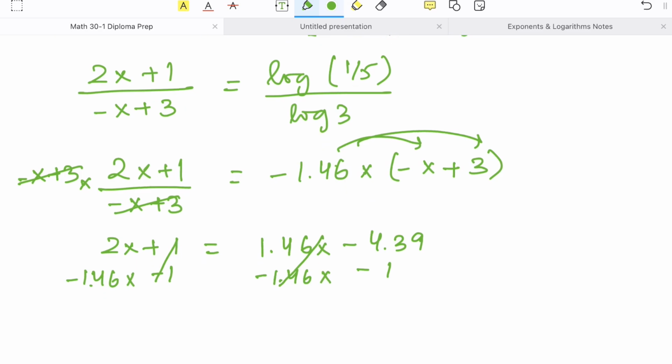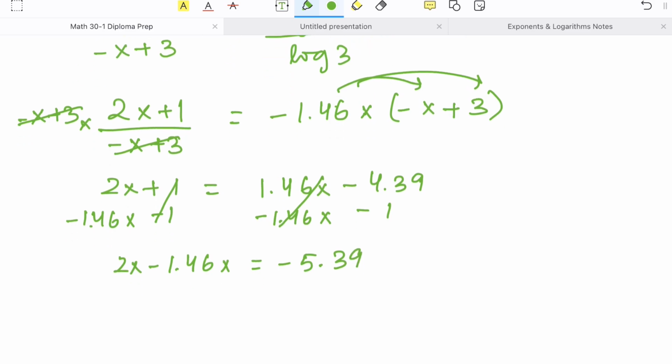So we have 2x plus 1.46x is equal to negative 5.39. So 2 minus 1.46 is 0.54, so 0.54x is equal to negative 5.39.